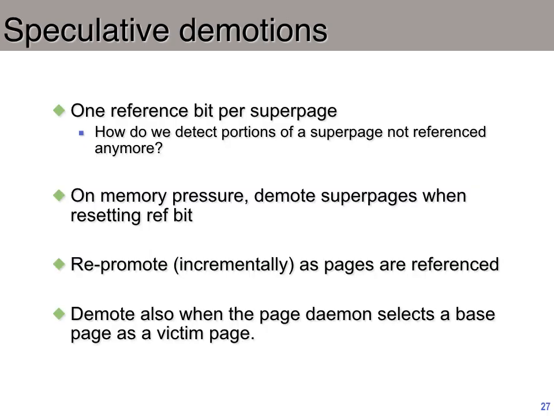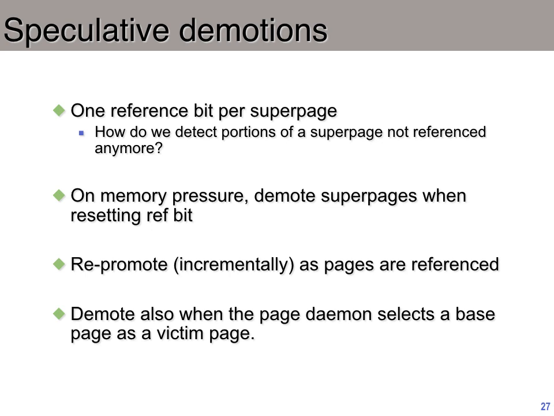And then the demotion problem, when do you demote superpages? Since there is only one reference bit and one dirty bit per superpage, we have to come up with some mechanism to detect when there is memory pressure, which superpages to demote, and what do we do with that.